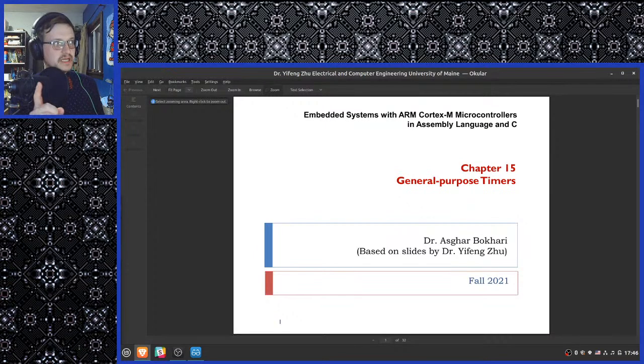You might be able to time things in the milliseconds range, but if you need something timed on the same scale as the oscillator in the chip itself, you're not going to be able to achieve that with software at all. If you need to time stuff in the microseconds or even the nanoseconds range, depending on how fast your oscillator is, a hardware timer is basically the only way to accomplish it.